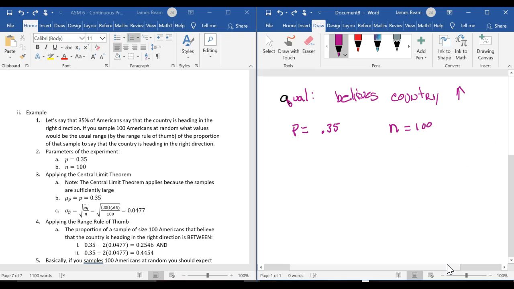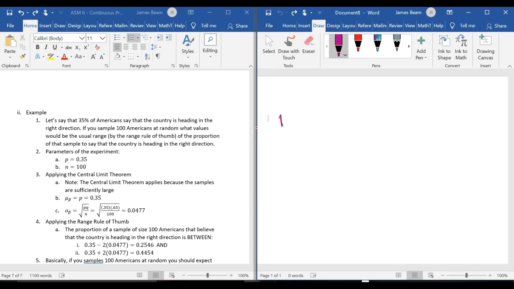So this is kind of giving you a taste of what's going to come. What we just said was, I believe, that the population has 35%, right? And somebody else comes in and goes, no, no, no, I think this is much higher. So we go and we take a sample, and in that sample, we find that 80% of the people said the country's going in the right direction.